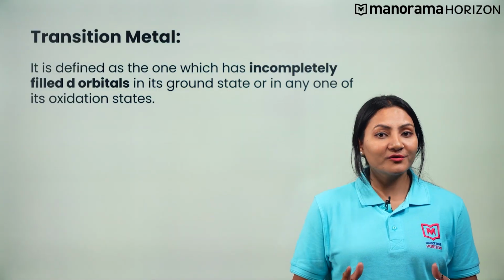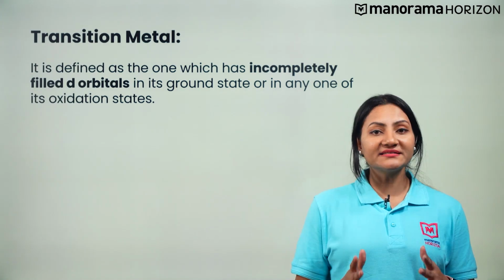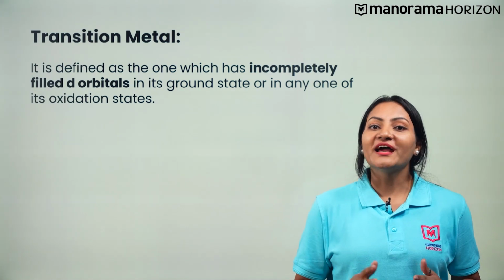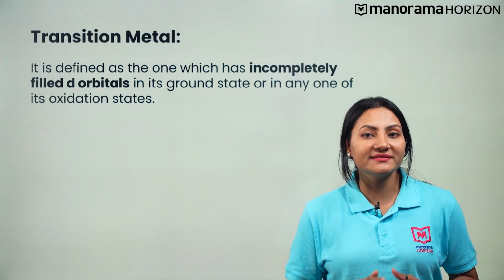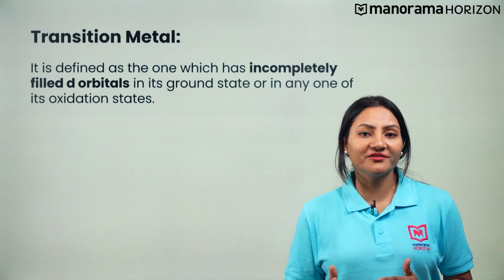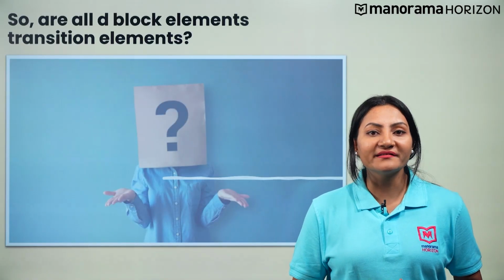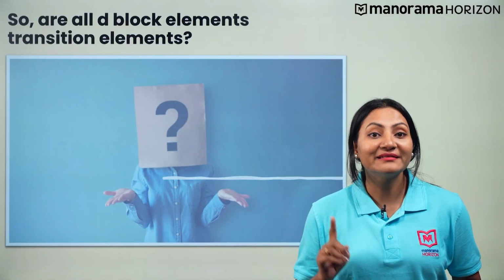Now, let's look at the exact definition of the transition metals. It is defined as one which has incomplete d orbitals in its ground state or any of its oxidation states. So, can you tell me, are all d block elements called transition metals? Think.